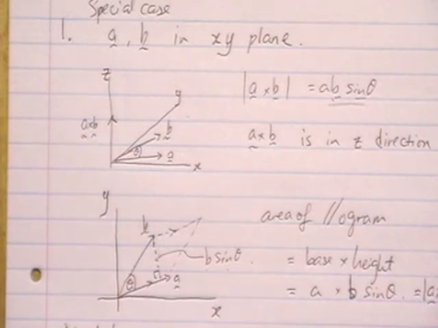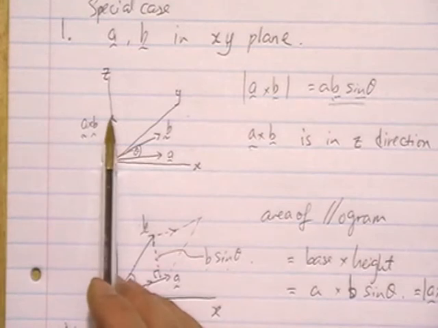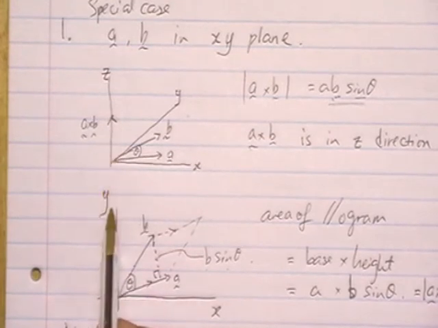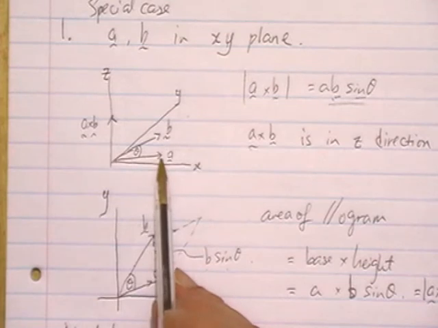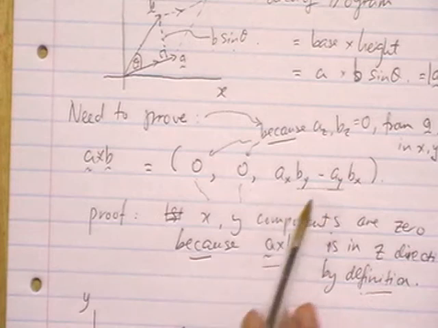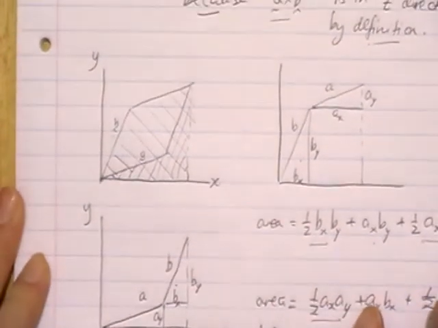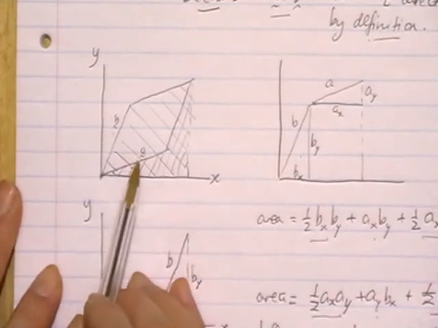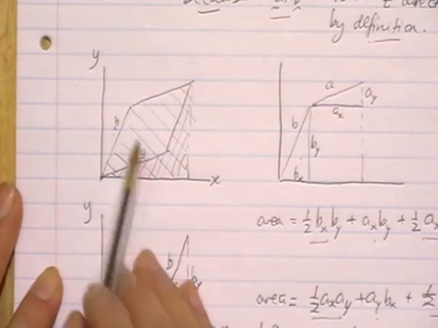Okay, but what if the cross product points in the negative z direction? Well, that could happen if we swap the positions of A and B. So if B is here and A is there instead, what does that mean for the proof? Well, if you look at this picture, you see that A and B are there.